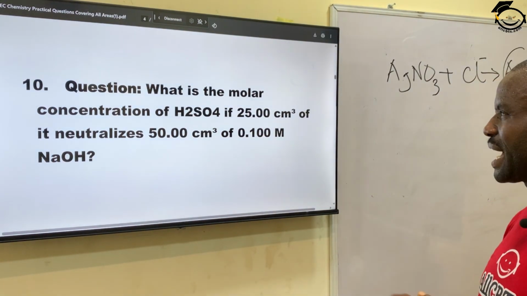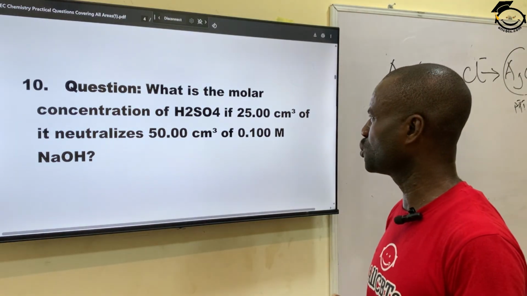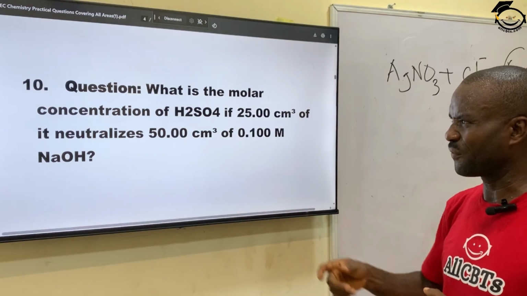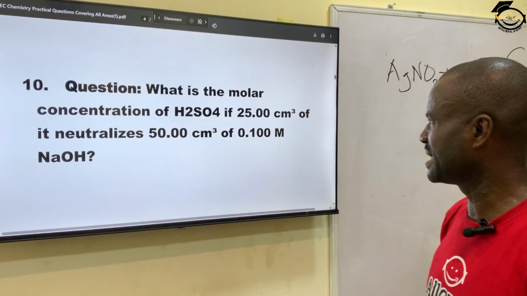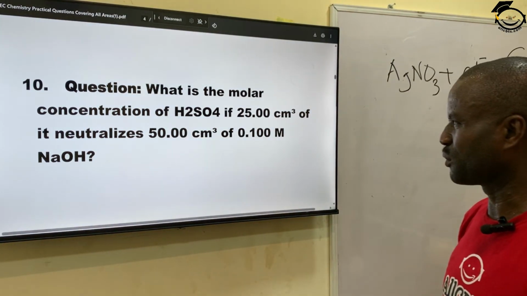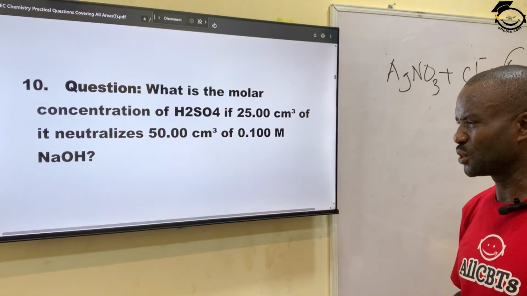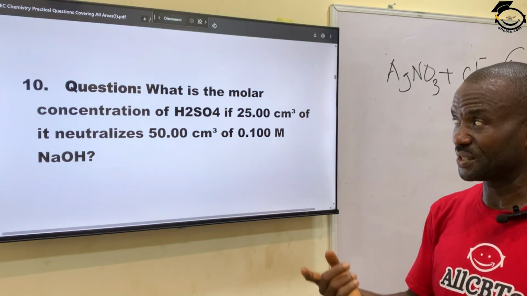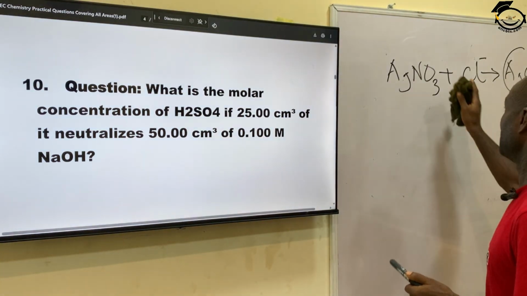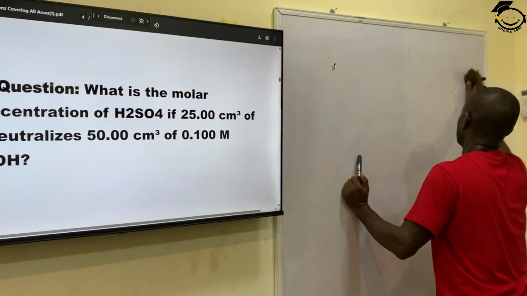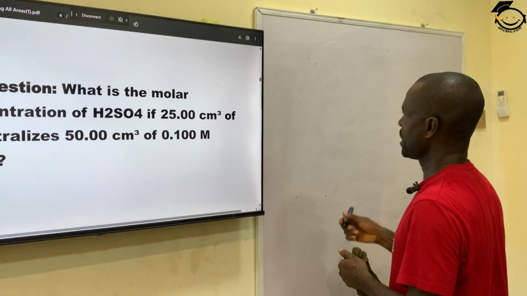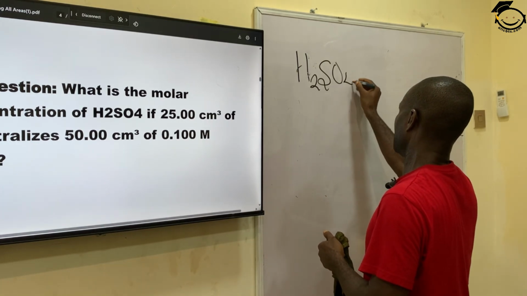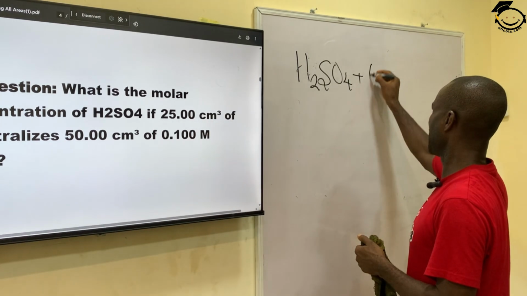Question 10. What is the molar concentration of H2SO4 if 25 cm3 of it neutralizes 50 cm3 of 0.1 molar sodium hydroxide? This is an acid-base titration again. We call it a neutralization reaction, which involves H2SO4, which is tetraoxosulfate(VI) acid, and sodium hydroxide.